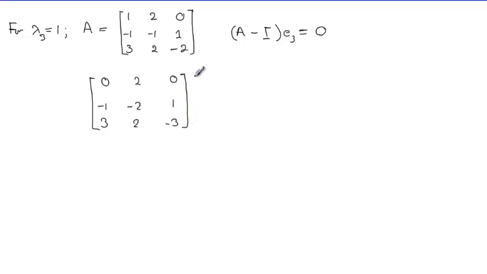Our non-zero 3-component vector E31, E32, E33, then equals to 0 vector.